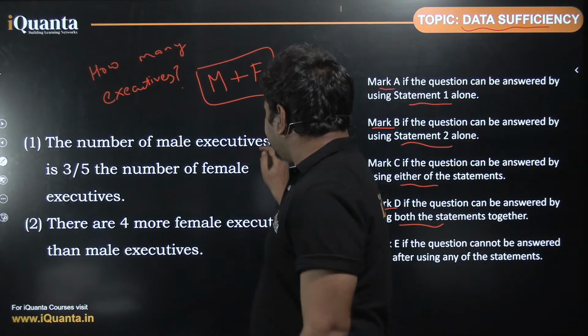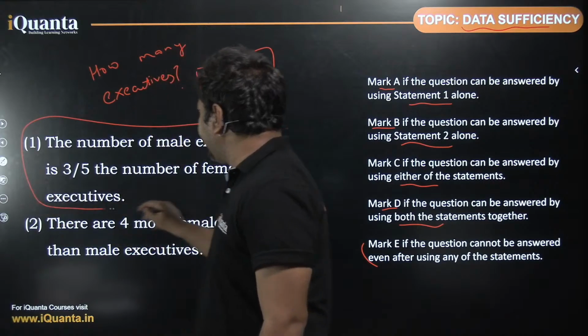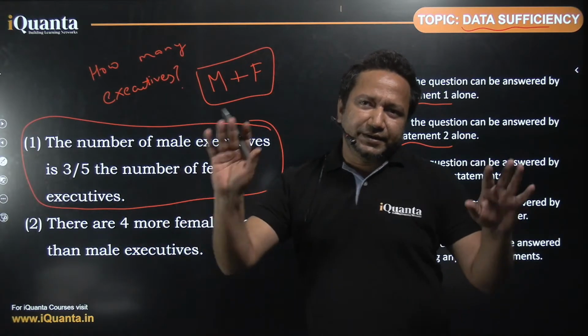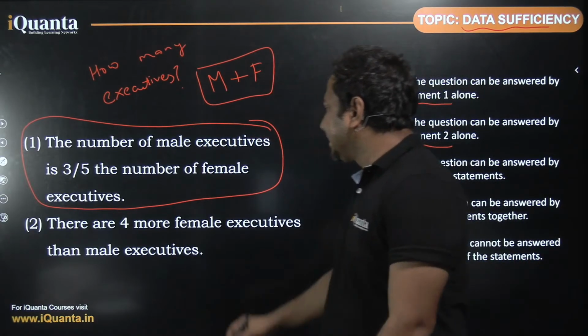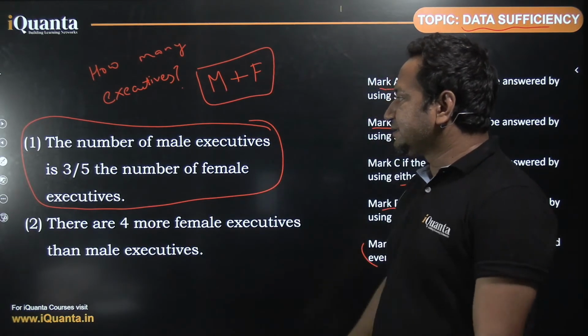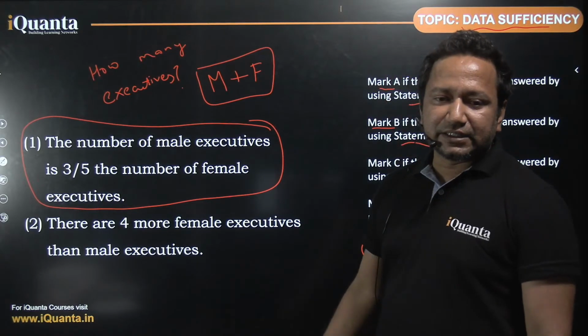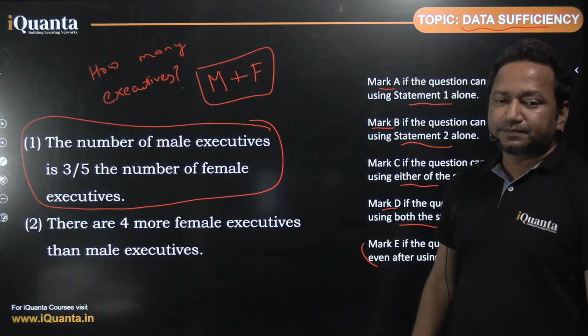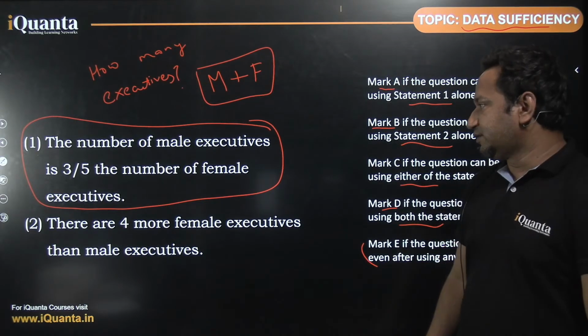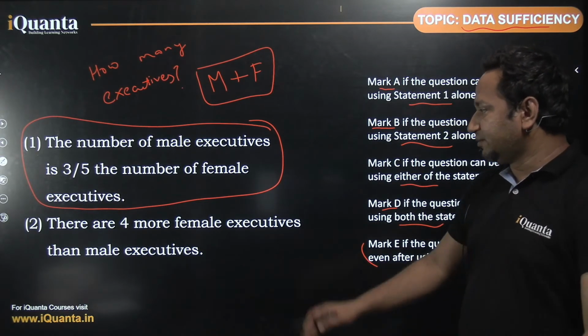So if we look at statement 1 alone, we can derive just one thing: the ratio of male executives to female executives is 3:5. That is what we can find out, but we cannot find the exact number.